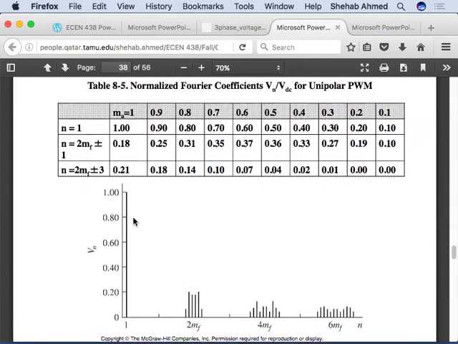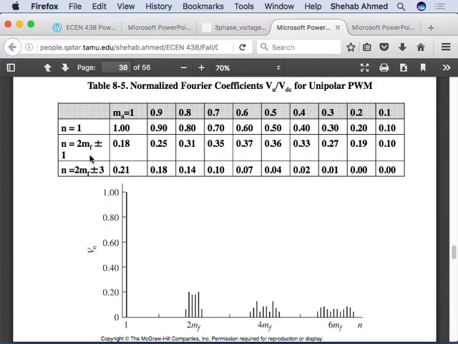For this case, you'd find the first the fundamental, and then after that it's twice the switching frequency plus minus 1 harmonic. So if the switching frequency is 10 times the fundamental, and your fundamental is 50 hertz, then 10 times that is 500.